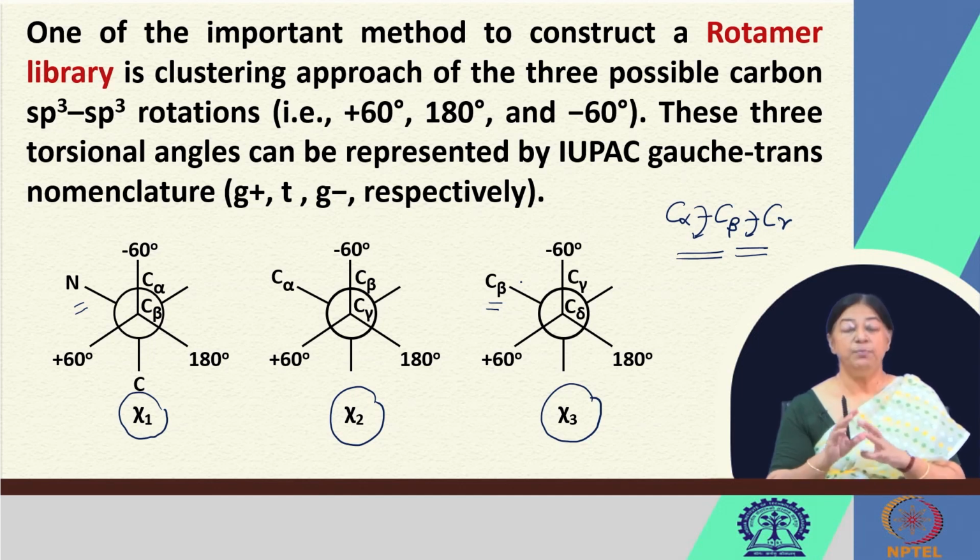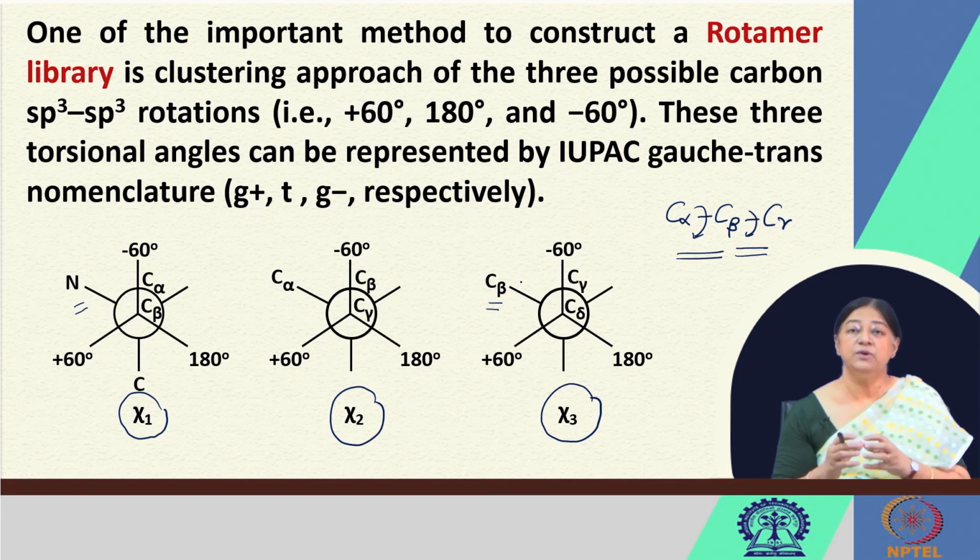So, depending upon the geometry, there can be specific orientations possible so that there are no steric clashes of the atoms coming together or the atoms bumping into each other. So this is where we have specific geometrical constraints depending upon the structural characteristics of the amino acid side chains, the chi1, chi2, chi3 angles.